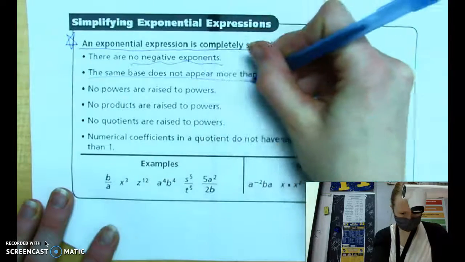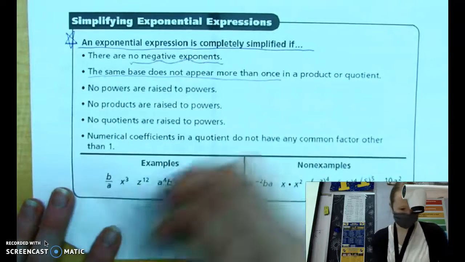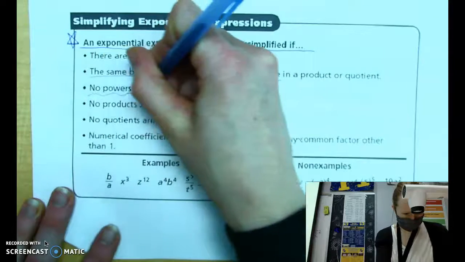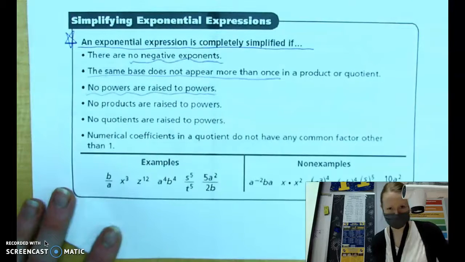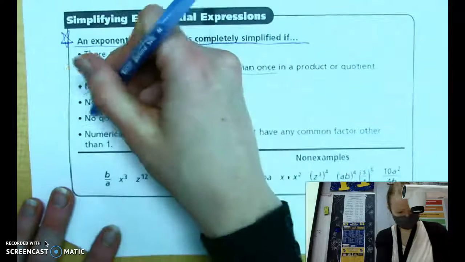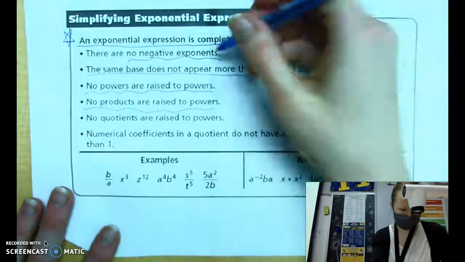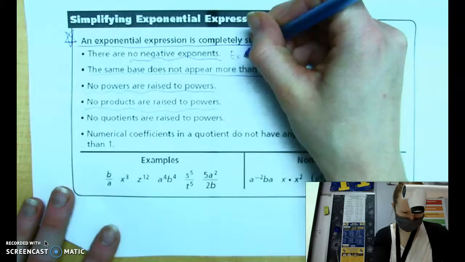The same base does not appear more than once. No powers are raised to powers. No products are raised to powers. I'll maybe show you guys an example of each one of these.